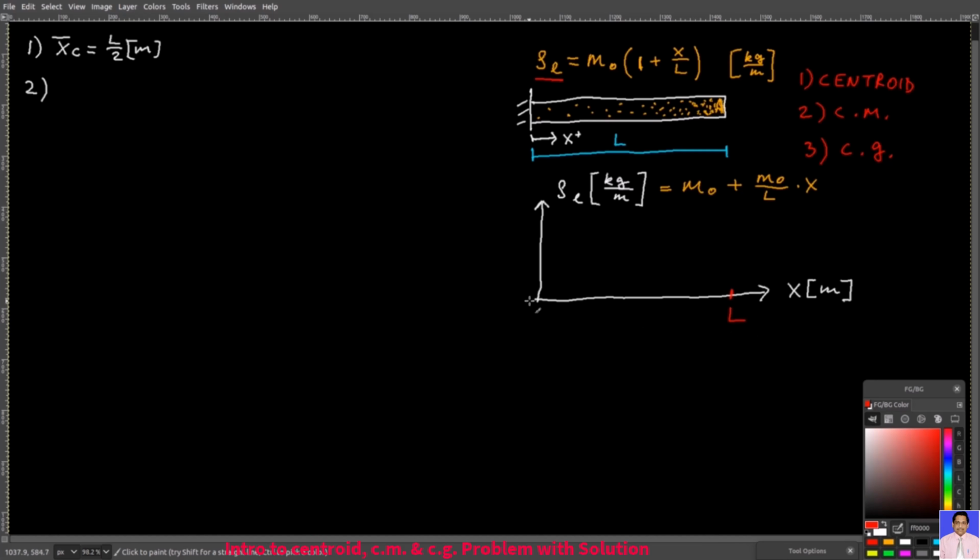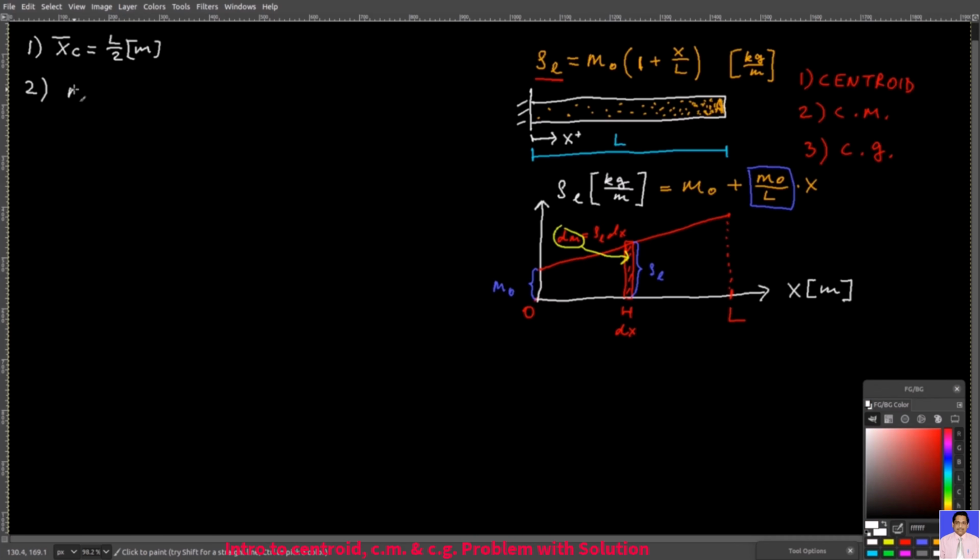So you have L here, you have 0, and this is the straight line function for rho L. This section here, that's your offset, and this one here, that's the slope of this line. And so you have a differential area here. Here you have dx, this is your rho L, and then this differential area, that's your differential mass.